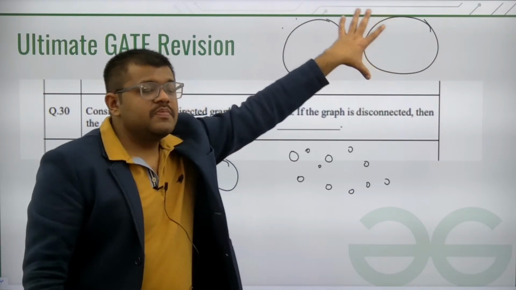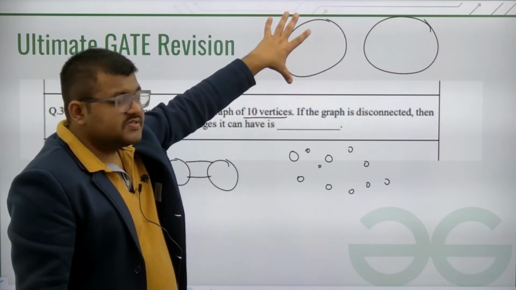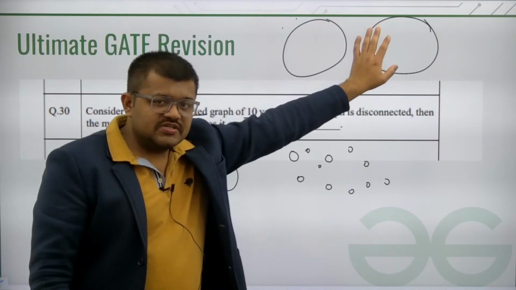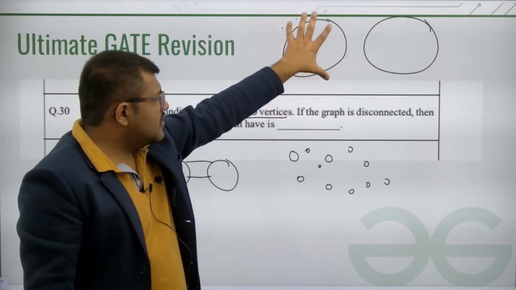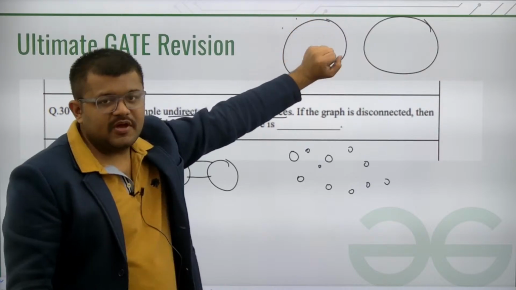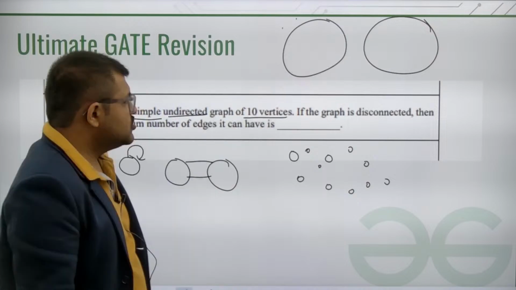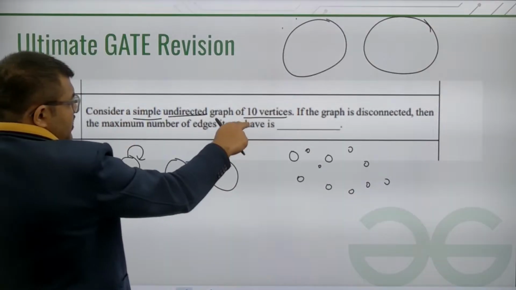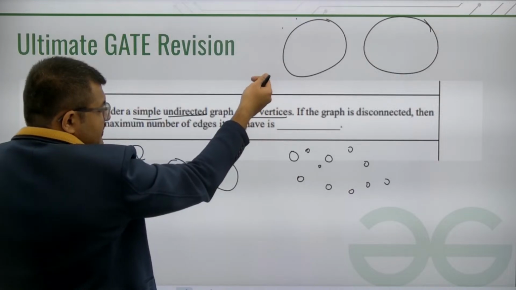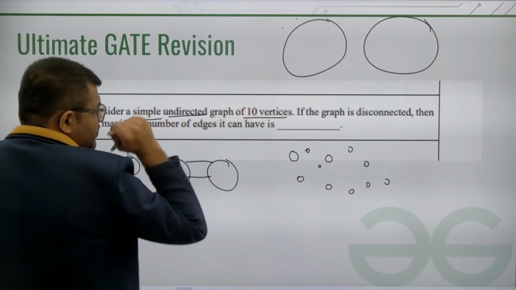Why? Because I want the maximum number of edges. Now there is no edge between a node here and a node here, so it is disconnected. But within each connected component, I will make sure there is an edge between each and every pair of vertices. So I need to divide 10 vertices into two parts, and then in each part I will assign maximum edges, so the total number of edges is maximum.